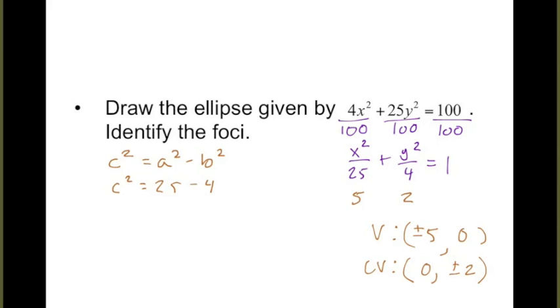We don't want to square the numbers in the equation. They already are squared in there. So we just want to take the numbers from the equation. So that means c squared is 21, which means c is positive and negative about 4.6, square root of 21.